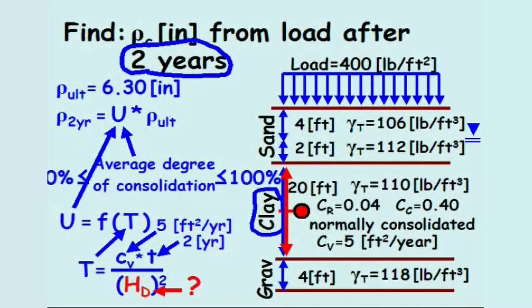The drainage distance is the furthest distance a drop of water would have to travel to exit the consolidating layer. Since our clay layer is doubly drained, the drainage distance is half the layer thickness, or 10 feet, which makes our time factor equal to 0.10.